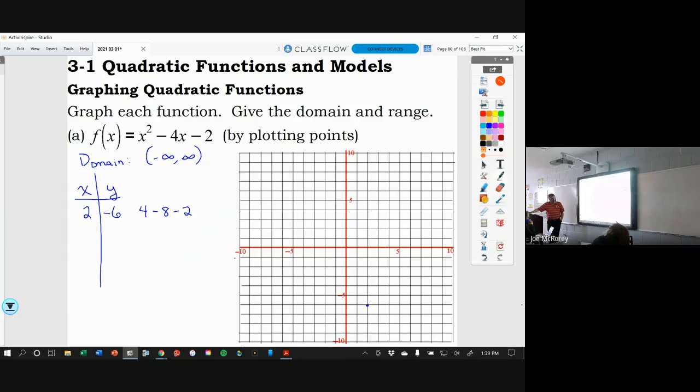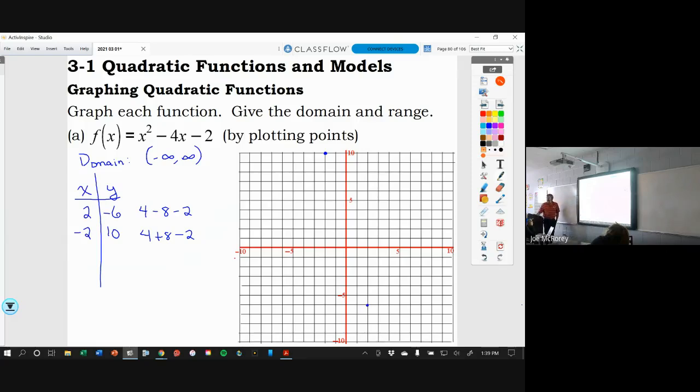Negative 2. All right, so negative 2 squared is 4. Negative 4 times negative 2 would be plus 8, minus 2. 4 plus 8 minus 2, so (-2, 10).